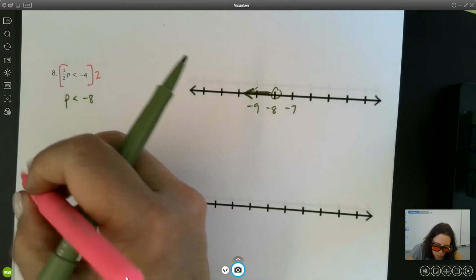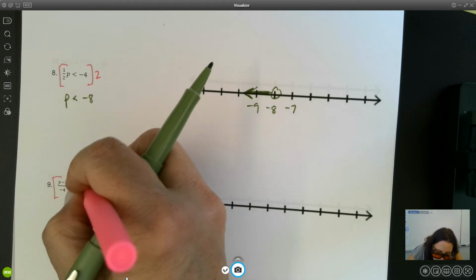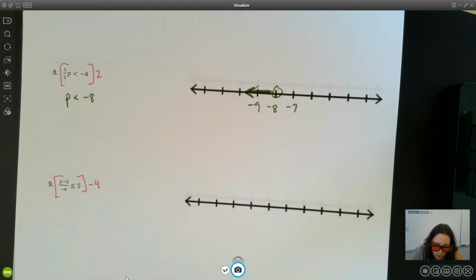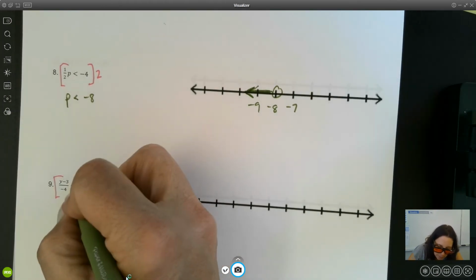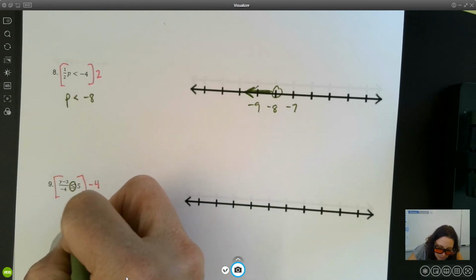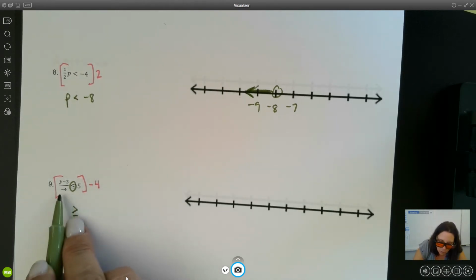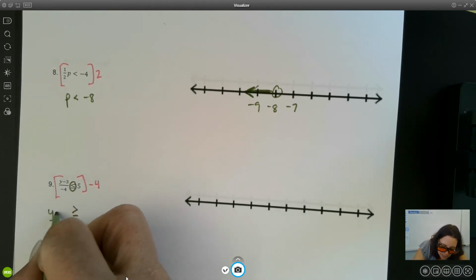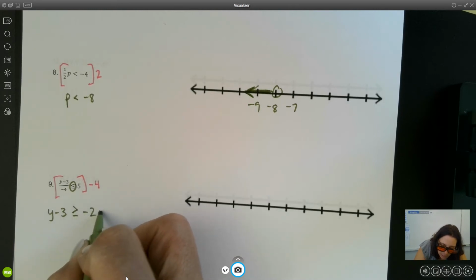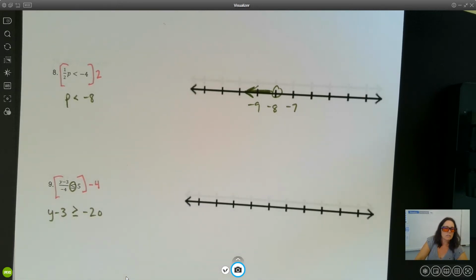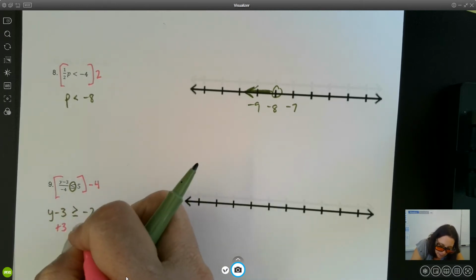Alrighty, this guy's way more involved. We're going to multiply both sides by a -4. Now, when you multiply by a -4, that thing needs to flip over. Okay, so this is going to be, the -4s would cancel. You're left with y minus 3, and this would be -20. Okay, now we have one more step in solving this, add 3.